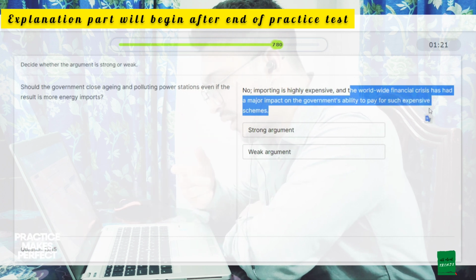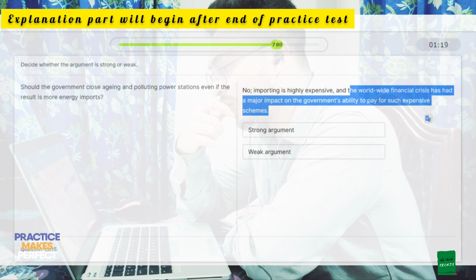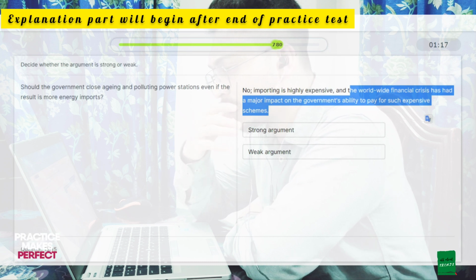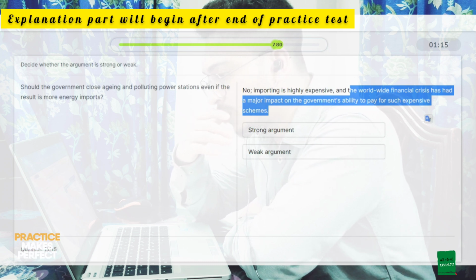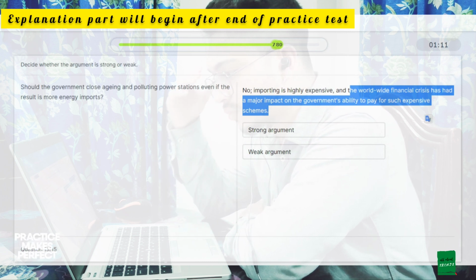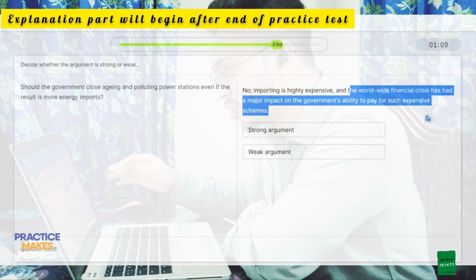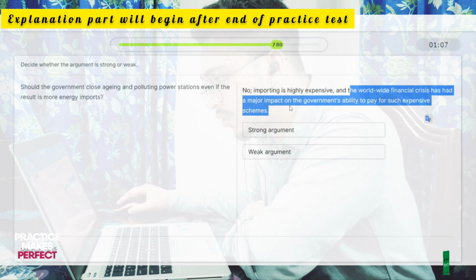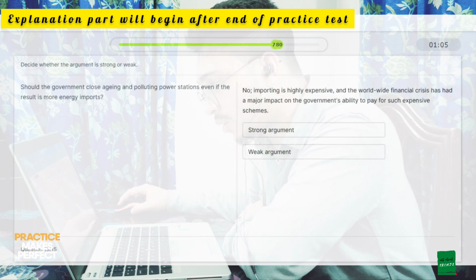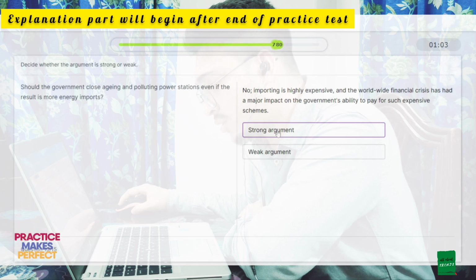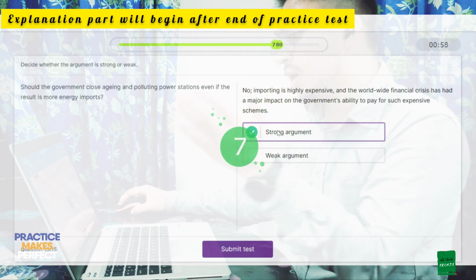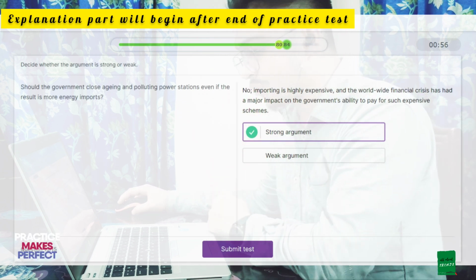Even though your common sense says that you better resort to import rather than polluting your own country. I think in deduction you can use your common knowledge, so it should be a strong argument because it's the better way. It's the better decision. Oh yeah, that's right. It's a better decision for the government.